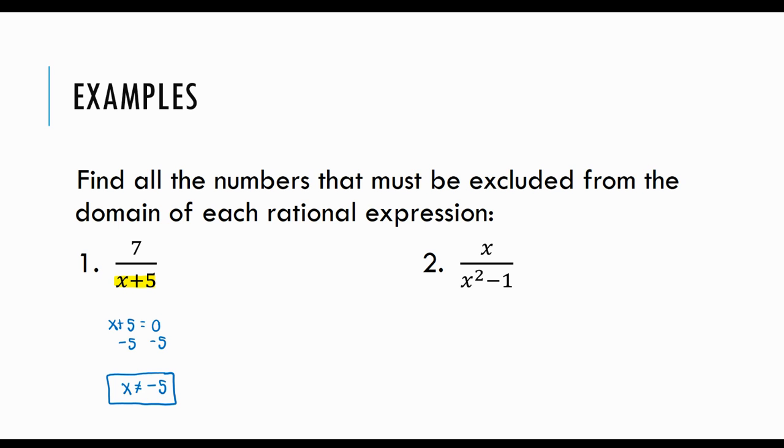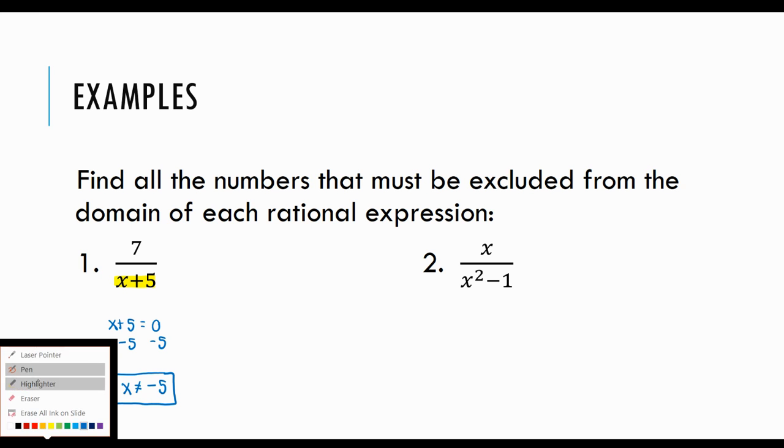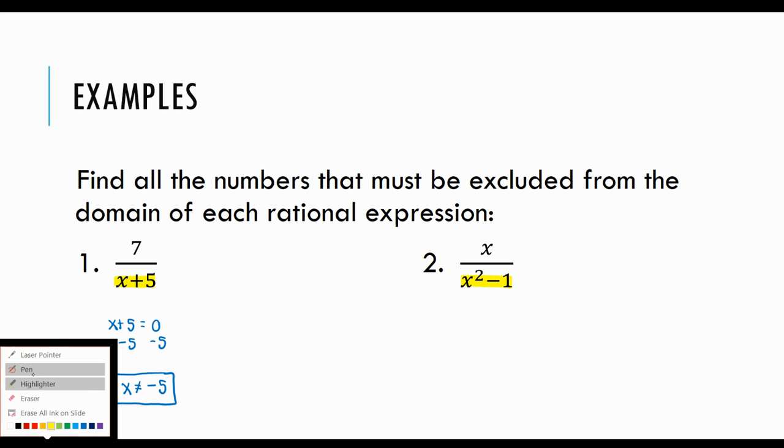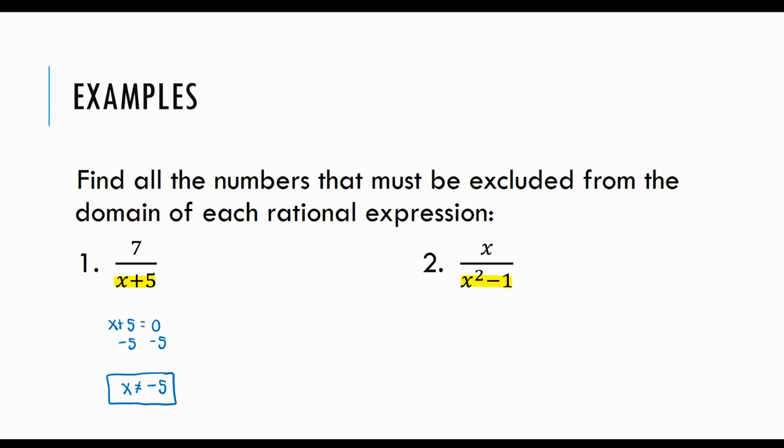In the second one, notice that x squared minus 1 is my denominator. So once again, I want to set it equal to 0. In this case, x squared minus 1 is factorable. I can factor that into x plus 1 times x minus 1.